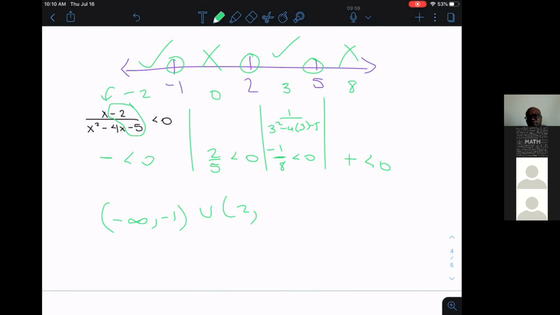That's where it stops, because the rest of the interval is not included. So this is our answer. Any questions? Again, this is just plugging things in, finding your answer, and that's it.